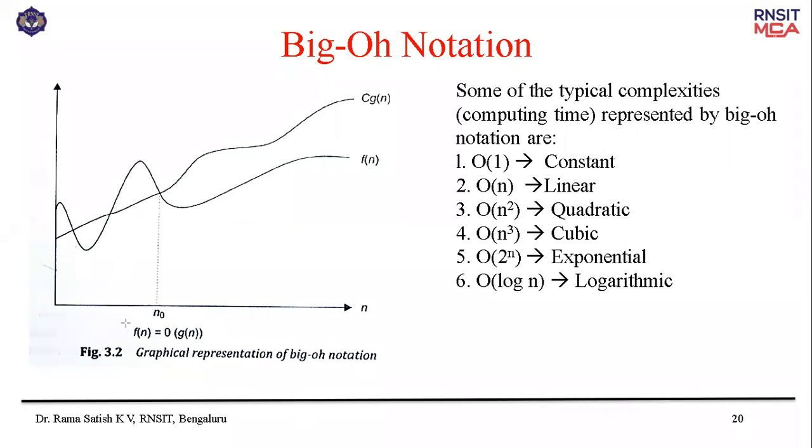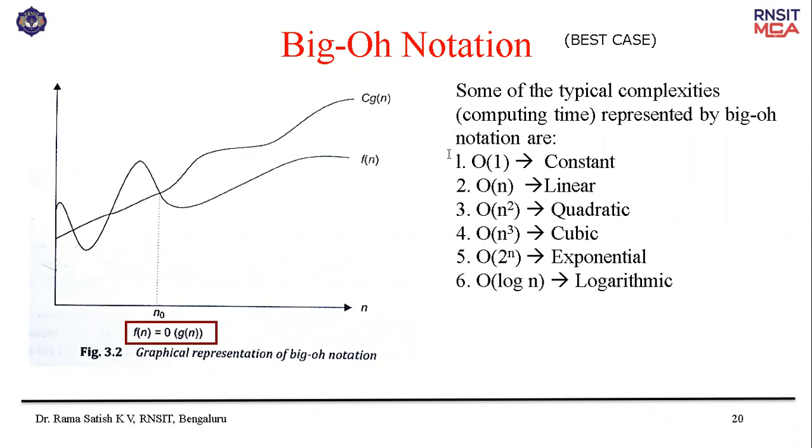So big O complexity is nothing but the best case. The best case is all about the upper bound of the performance.